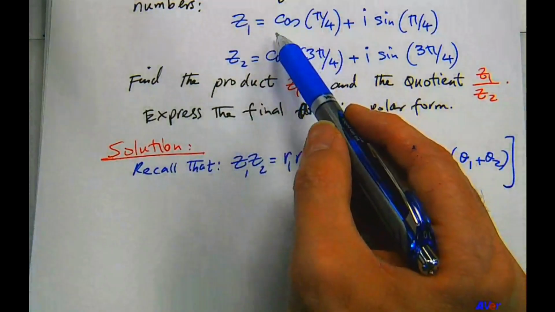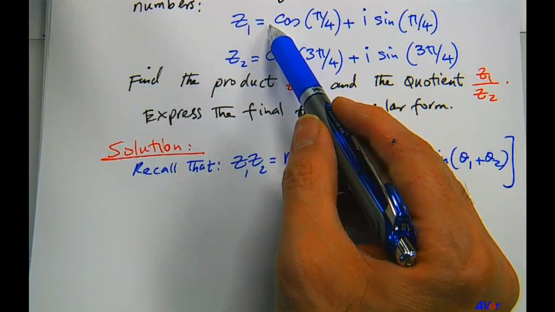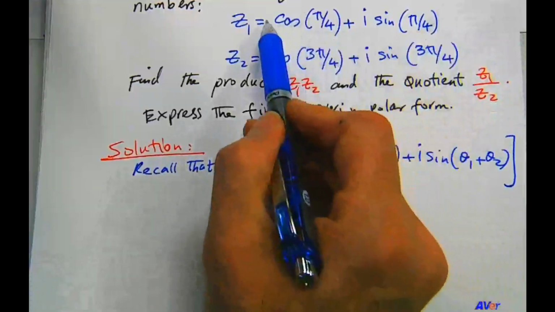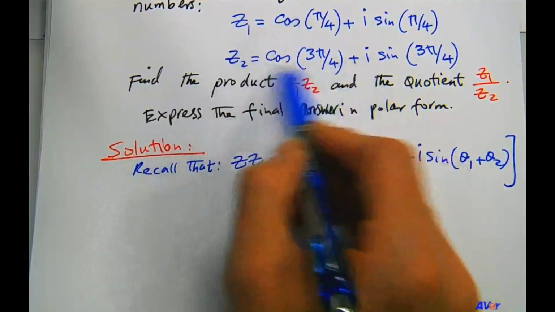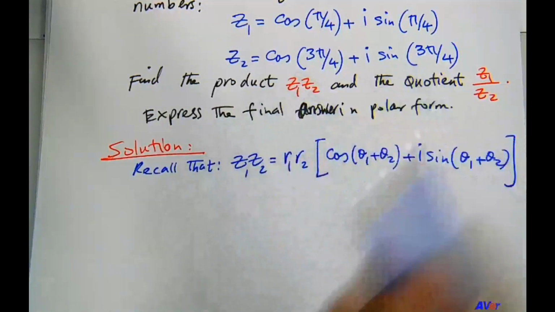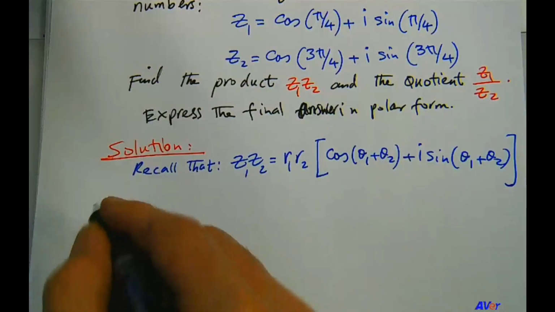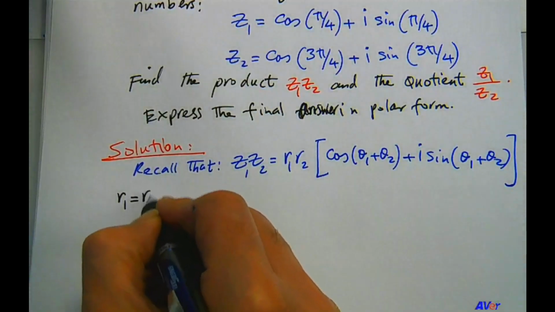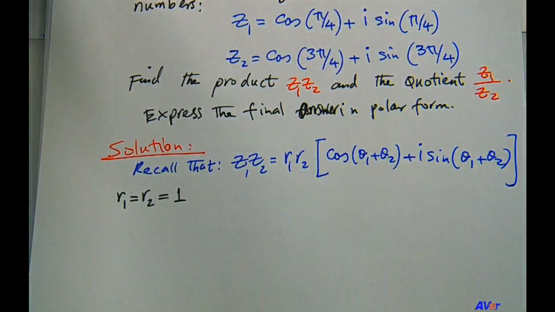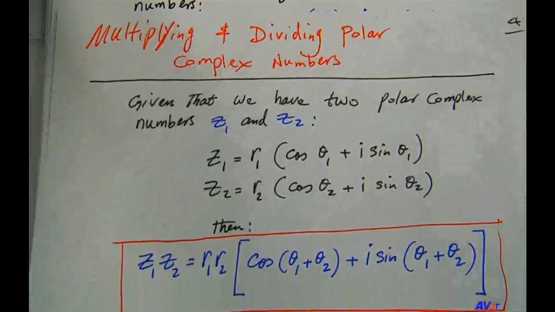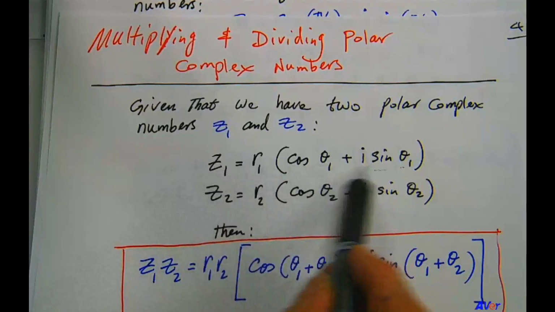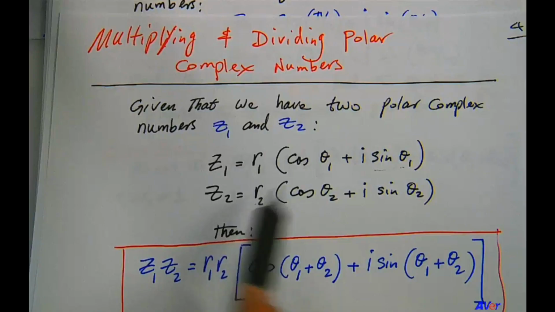the modulus of this is just 1, right? The coefficient, the r in this case, is 1. The r in this case is also 1. So 1 times 1, so let me write that down. So r1 equals r2 equals 1. Here we have the polar complex form of a number, r1 and r2.